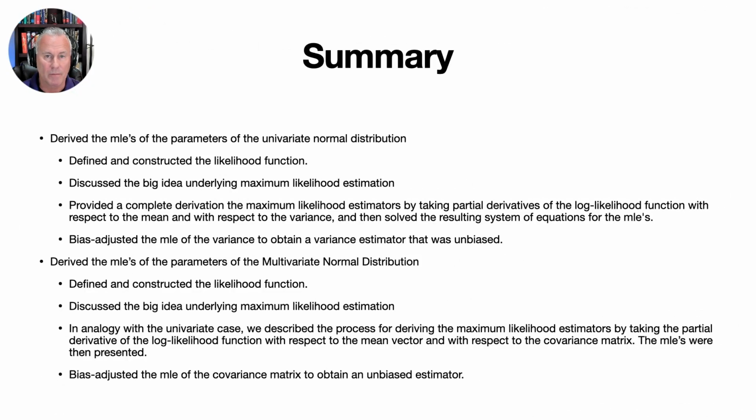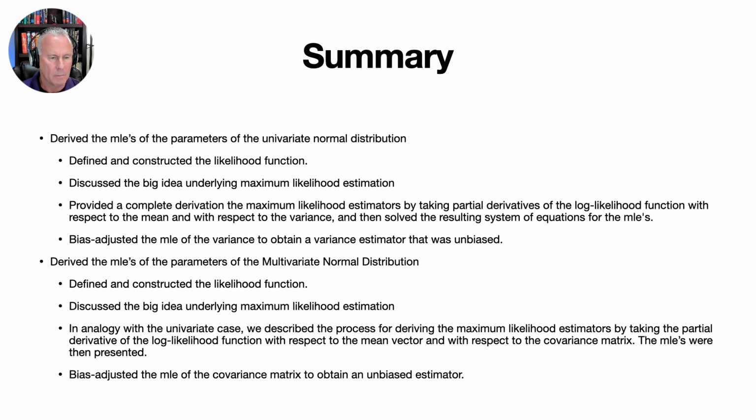Let's summarize what we've done. We first derived the MLEs of the parameters of the univariate normal distribution, a distribution that we're familiar with from our previous statistics courses. To do this, we defined and constructed a likelihood function. We then discussed the big idea underlying maximum likelihood estimation.